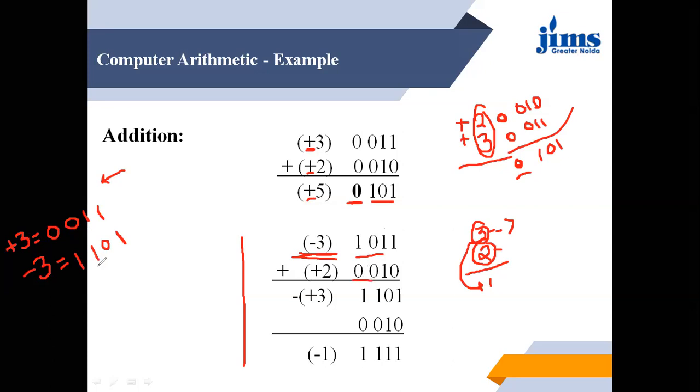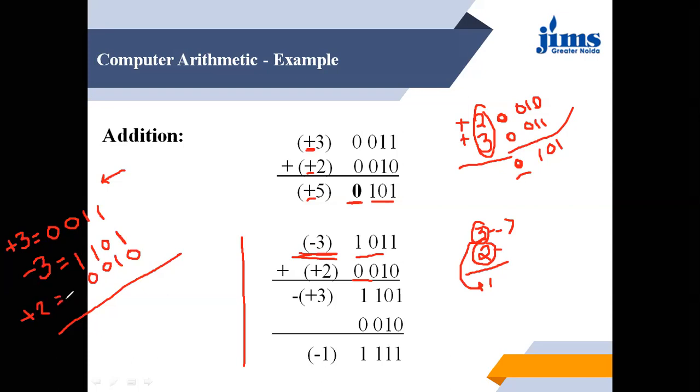So plus 2 is 0, 0, 1, 0. This is plus 2.